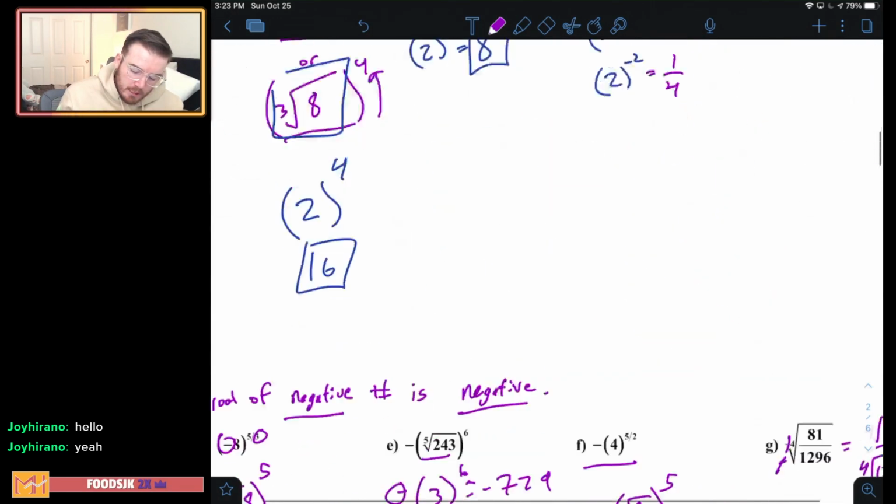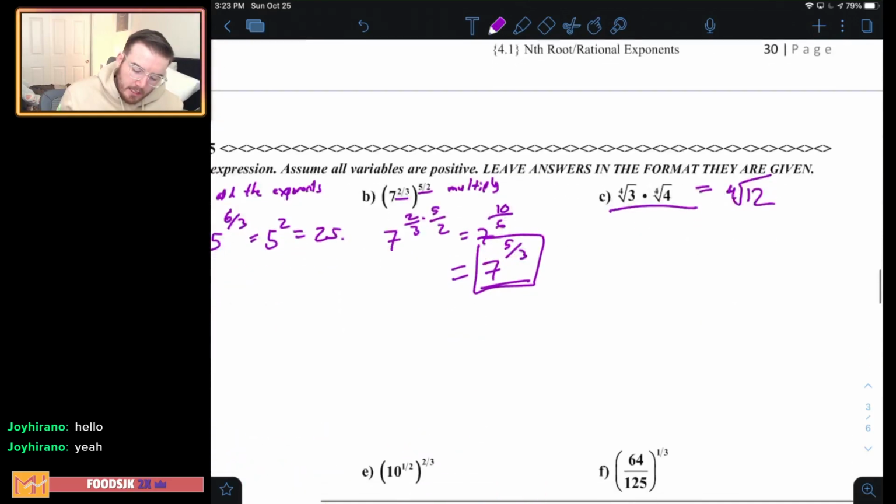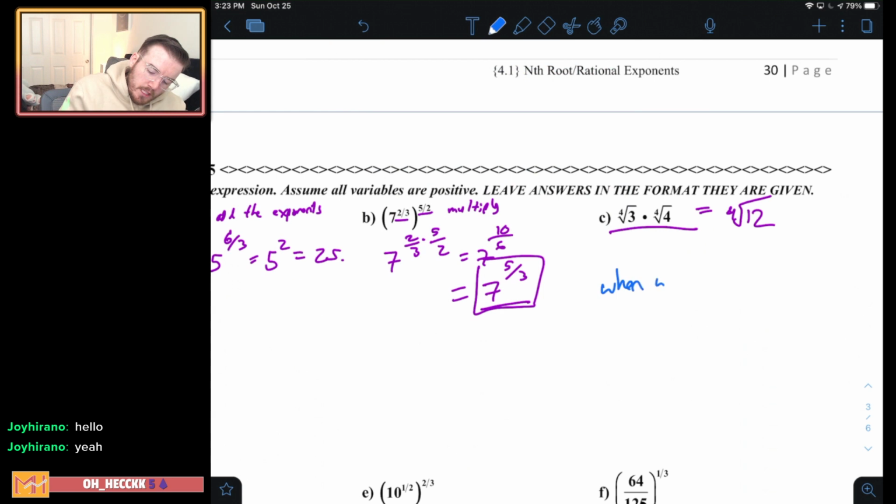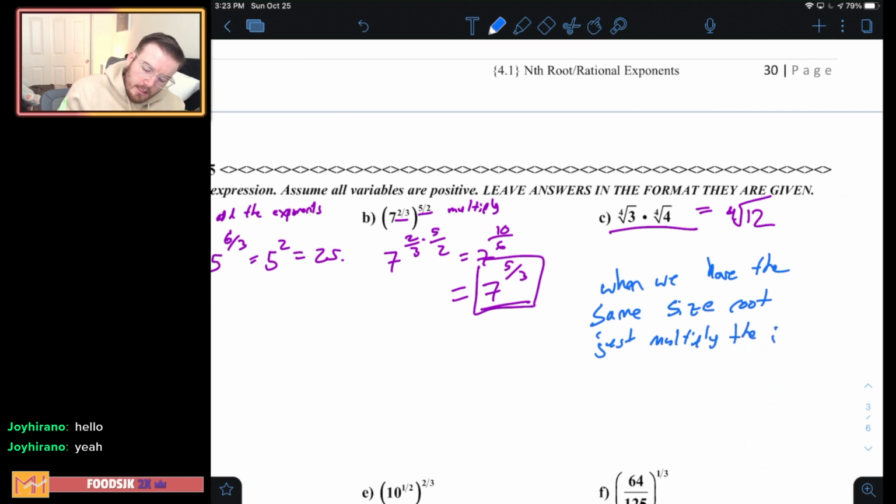No, it's not. Okay, well, I can just write something: when we have the same size root, just multiply the insides.